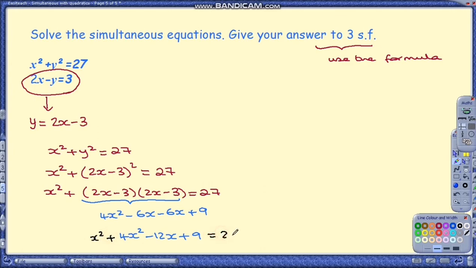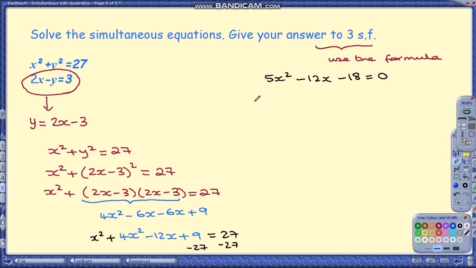And that's equal to 27. So I'm going to simplify that on the right hand side. That's going to give me 5x squared minus 12x, and that's going to be minus 27, and minus 27. And that's minus 18. That's equal to 0.